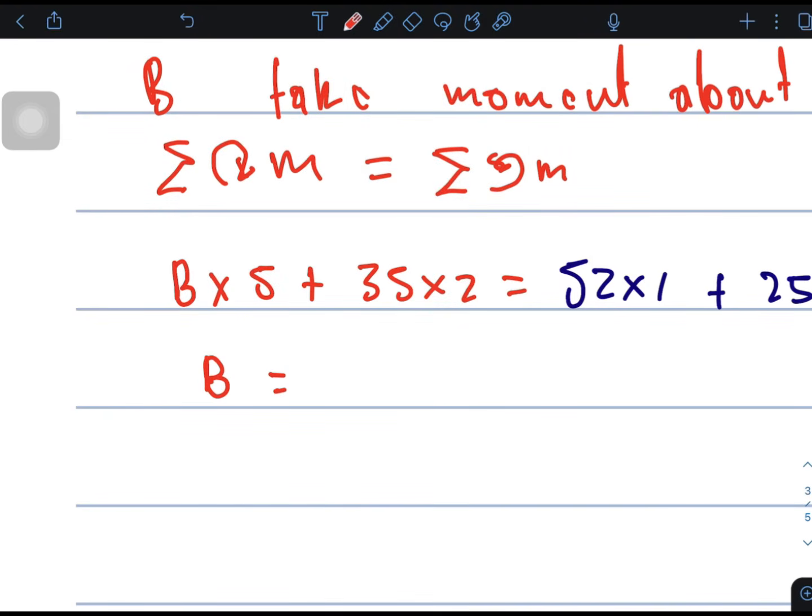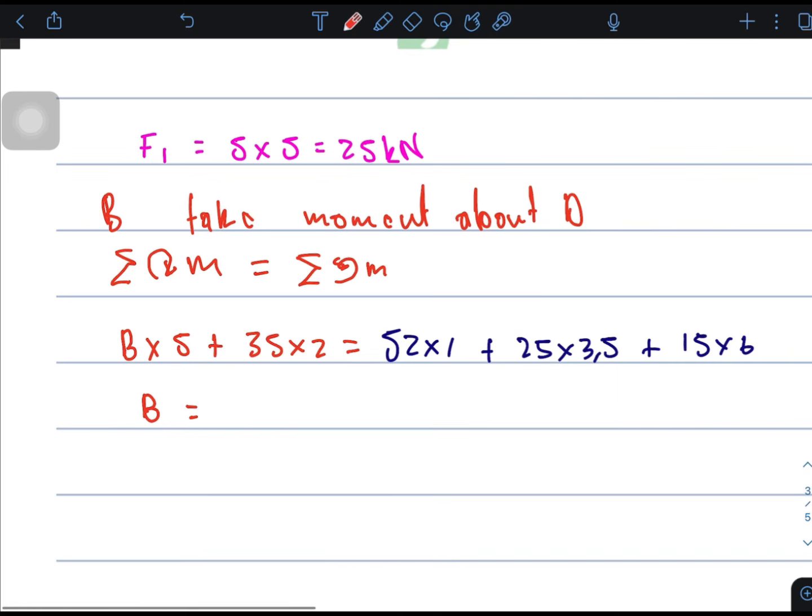I'm just gonna punch on my calculator quickly to save time. That should be 52 times 1 plus 25 times 3.5 plus 15 times 6 minus 35 times 2, over 5. That is gonna be 31.9 kilonewtons. Okay, you see, simple guys.